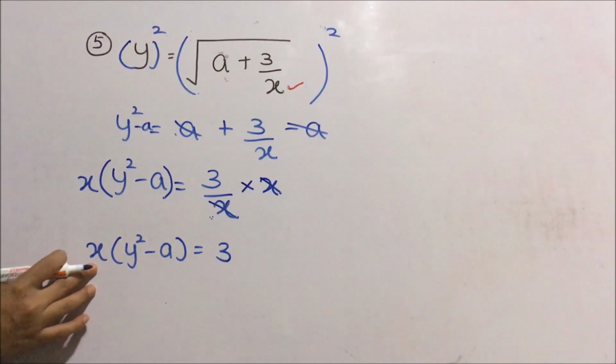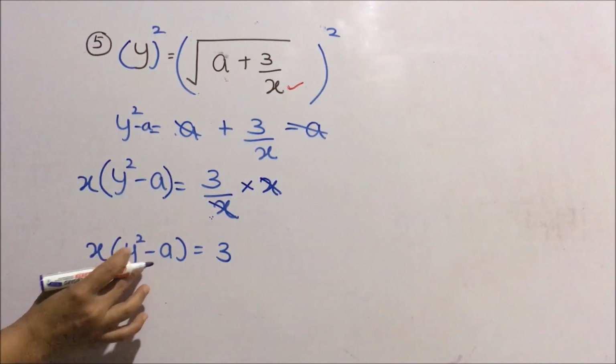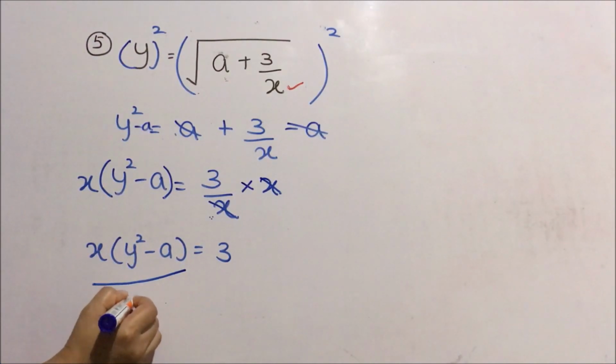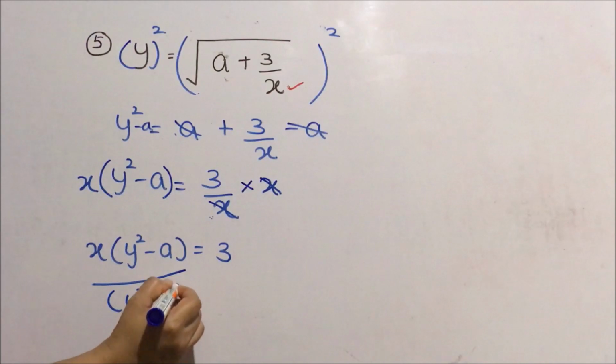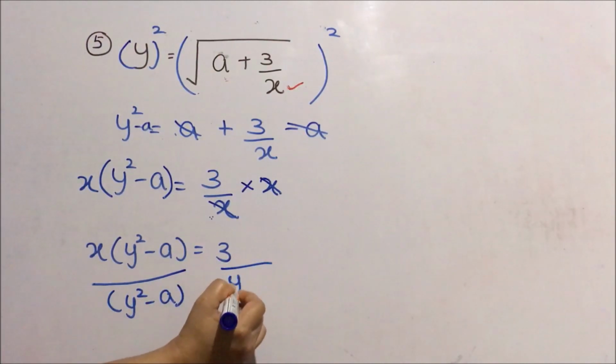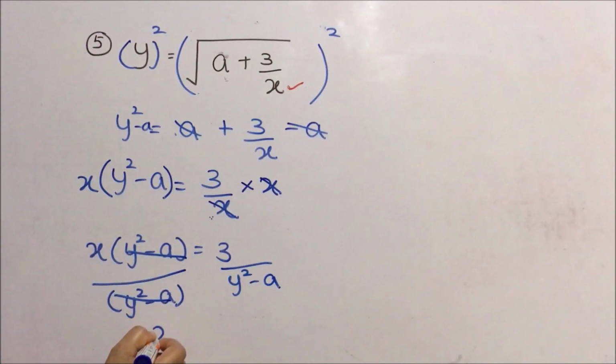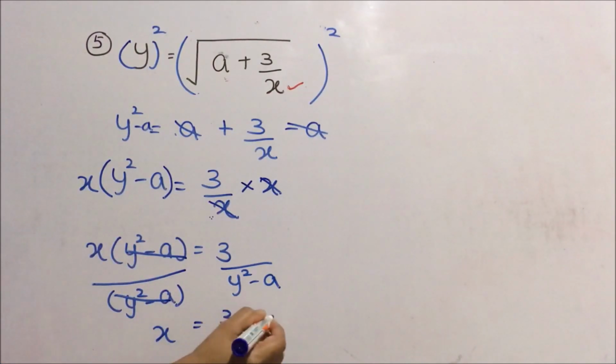To make x the subject, we divide both sides by y squared minus a. Then x equals 3 over y squared minus a.